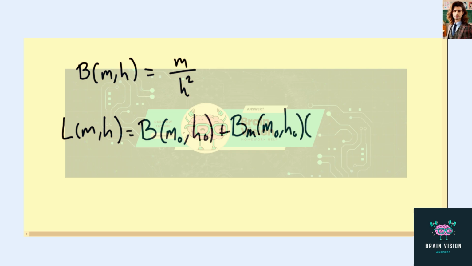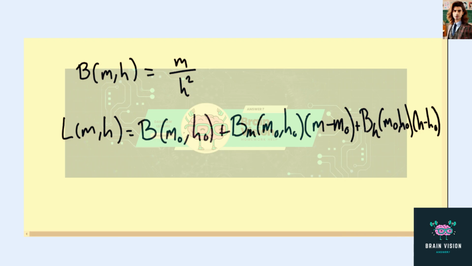That's fun. Times m minus m naught, plus the partial derivative with respect to h at the same point, moho, times h minus h naught.